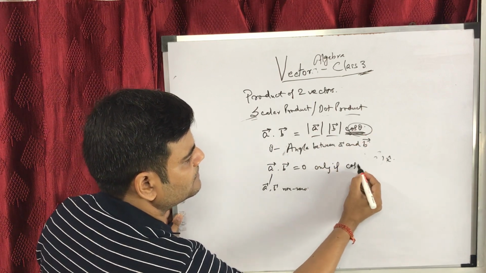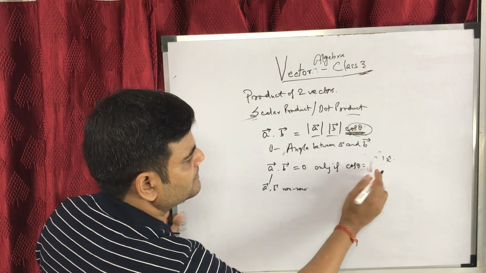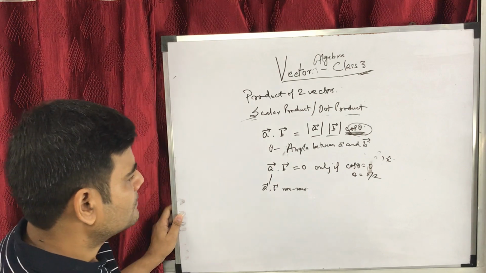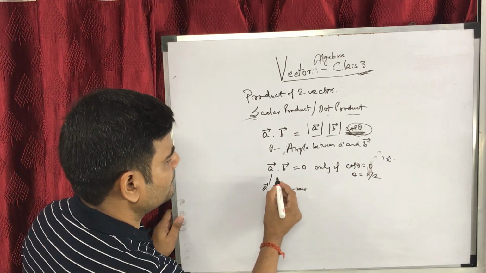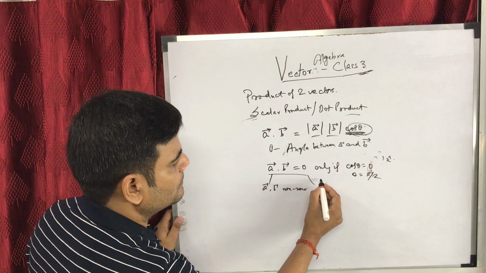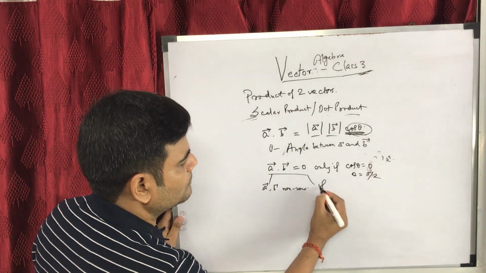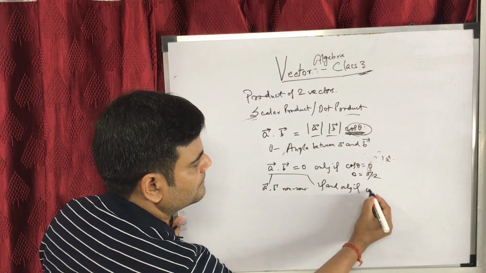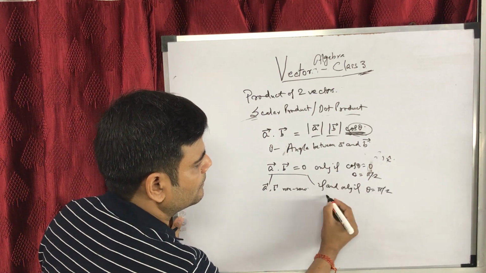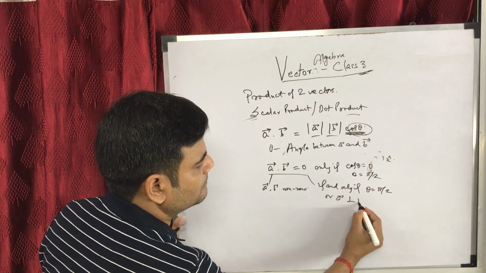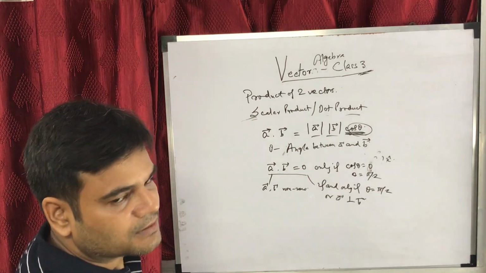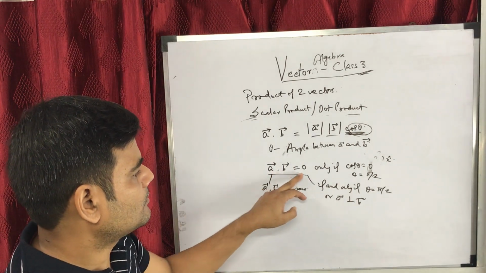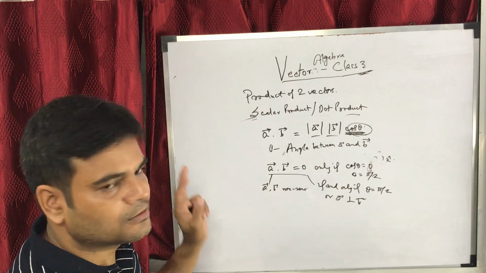Cos theta is 0 means, think simple, theta is pi by 2, 90 degrees. So A dot B is 0 if and only if theta equals pi by 2, or A is perpendicular to B. There is no other condition for the dot product to be 0. So this is one thing you learnt.